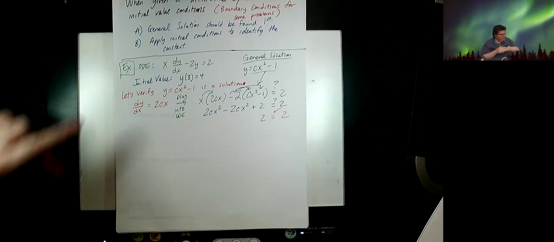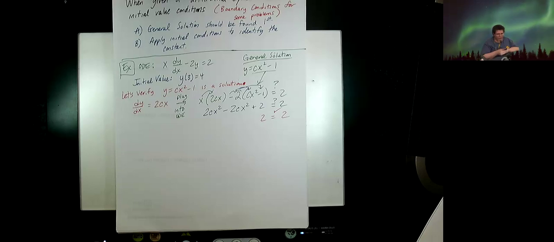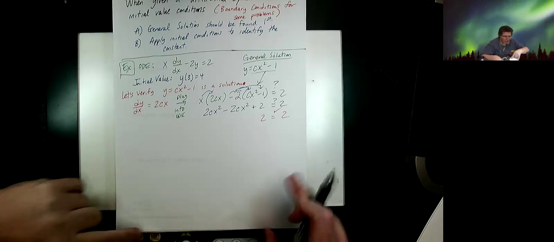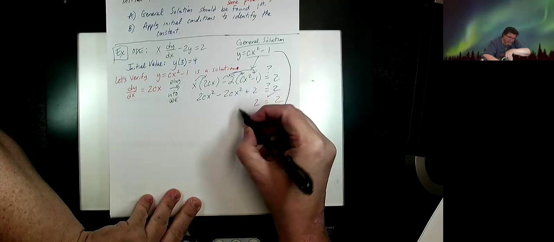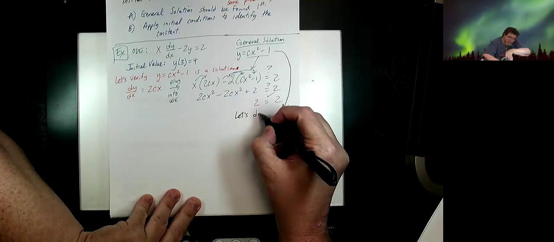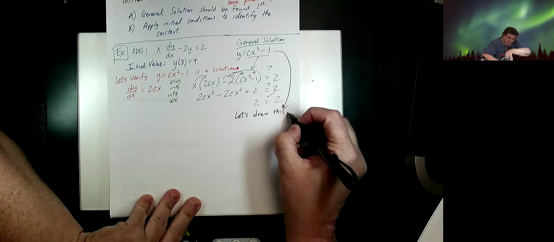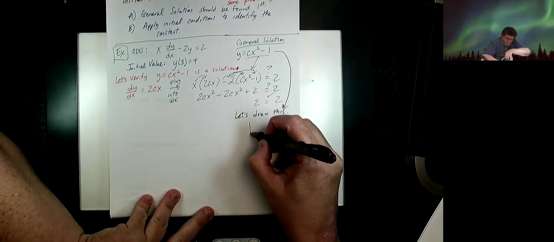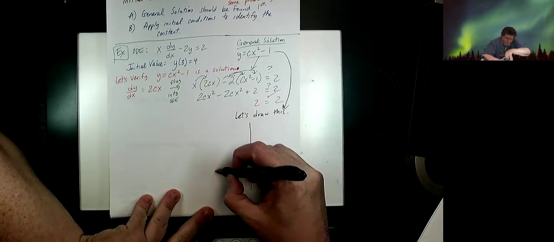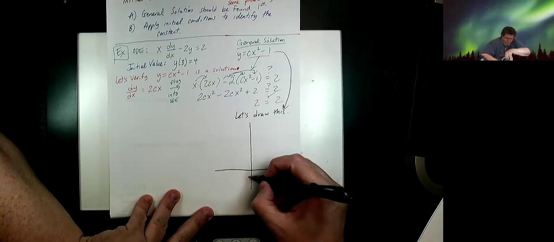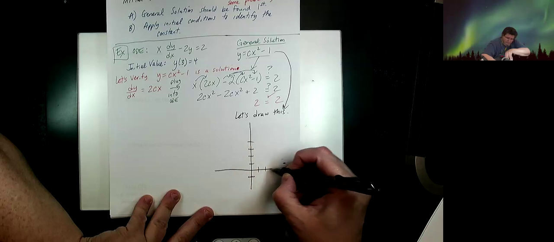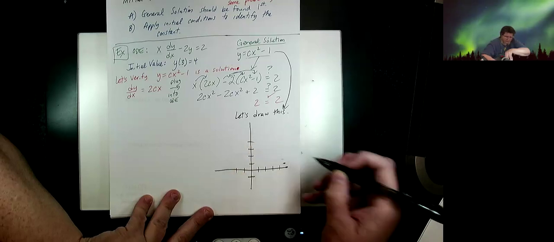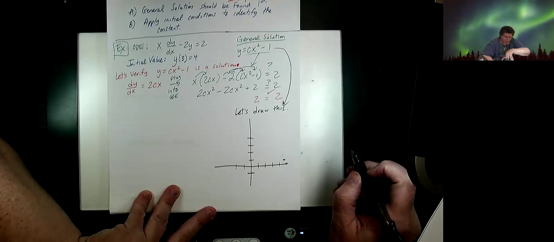Now, before I use the initial value here, I want to illustrate, because this one's easier to draw. I know what this looks like. Let's draw this. It's a parabola opening upward if C is positive.